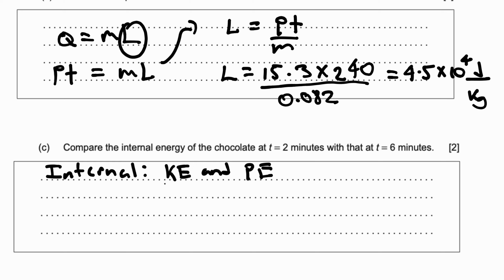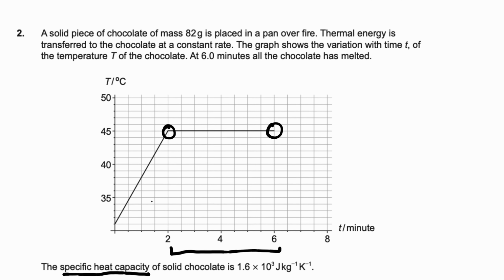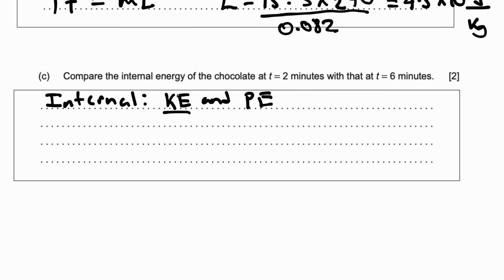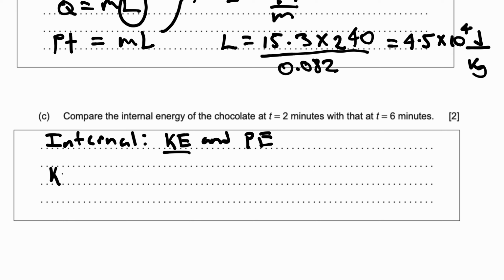Now let's look at this. Kinetic energy: is anything going to occur to the kinetic energy of the particles? Well, no. Temperature is not changing. If temperature doesn't change, kinetic energy does not change either. So kinetic energy stays the same.